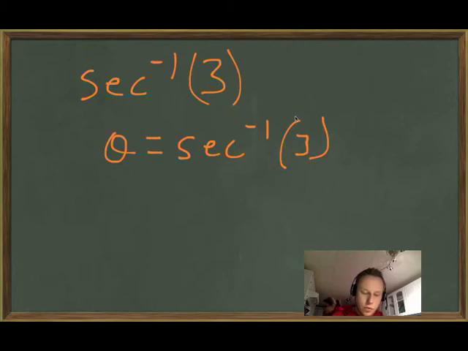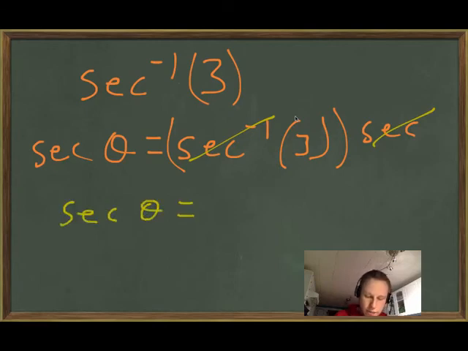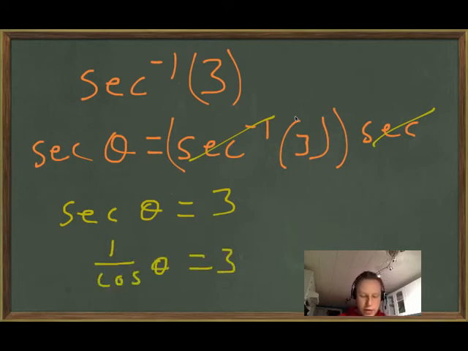The secants cancel out, leaving us with secant theta equaling 3. Now, secant is the same as 1 over cosine. So 1 over cosine theta equals 3, which is the same as 3 over 1.